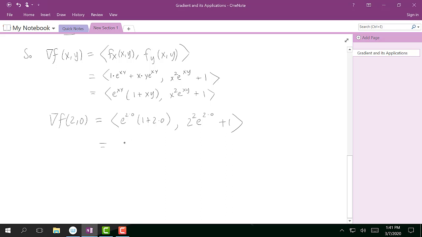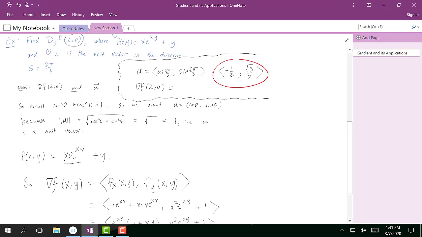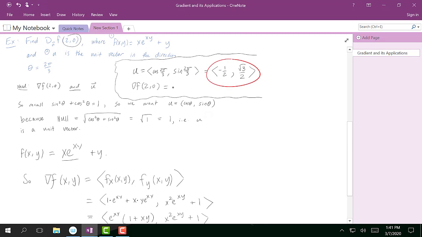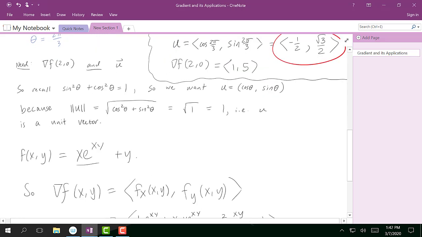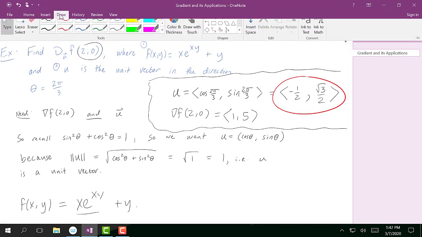We get 1 times 1, so we get 1 here. And then what we get here is 4 plus 1 is 5. So not that we really need to go all the way back up and plug it in here, but I suppose just to have it together, we get 1, 5 is the gradient of f at the point 2, 0.